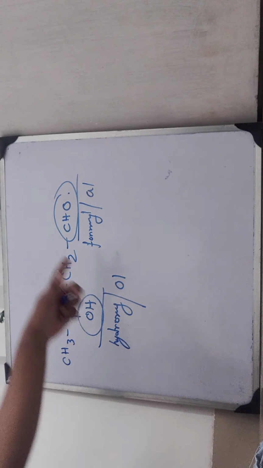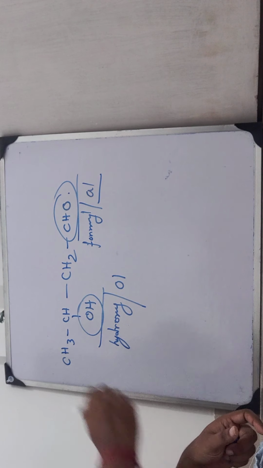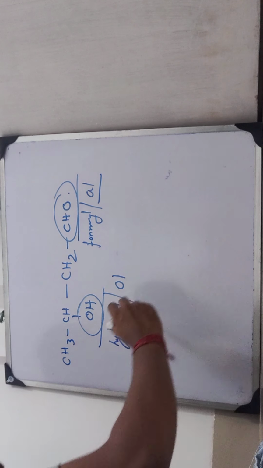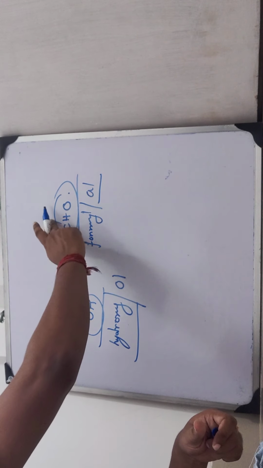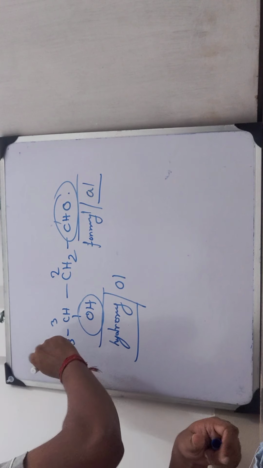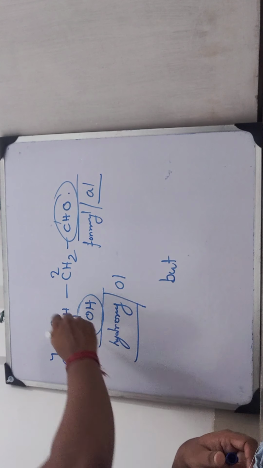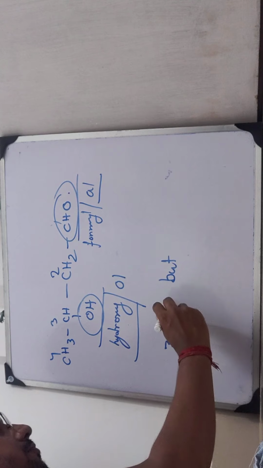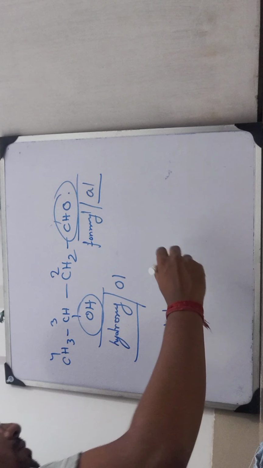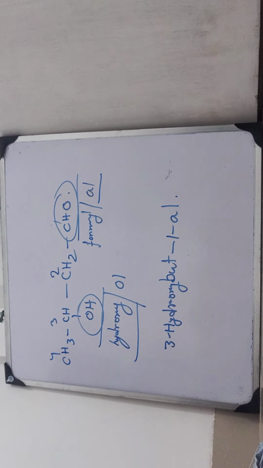This one, CHO, will be given greater priority, so al will be used, and OH is given the lower priority, that is why hydroxy should be used. Numbering is 1, 2, 3, 4. Four carbons means but. The hydroxy is attached to the third carbon: 3-hydroxybutan-1-al. This will be the name of this compound.